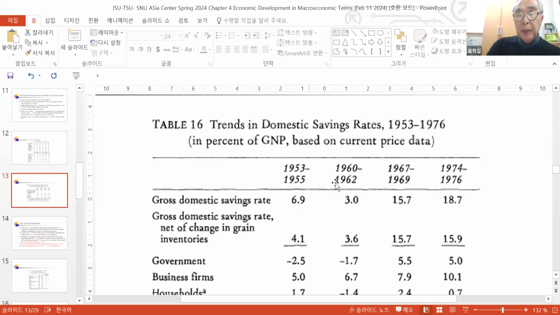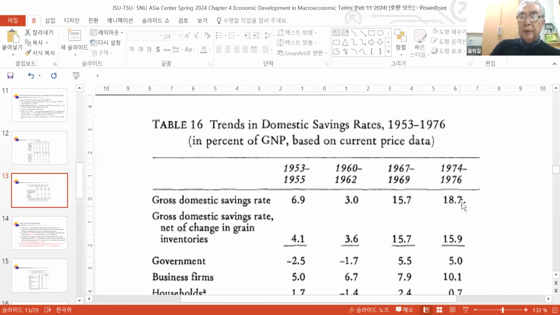At the beginning, they could not finance domestically because their domestic savings rate was so low. But as time passes, by 1975, 18.7% domestic savings rate.